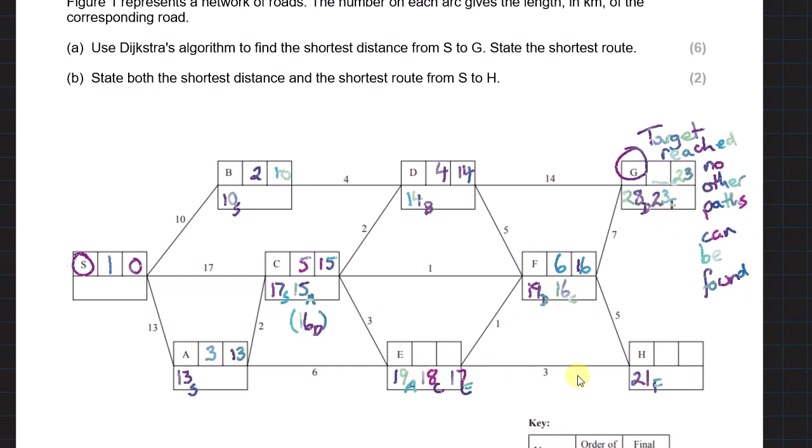My next cheapest one out of these is to come down here, back down to 17. 17 gives me position 7. It's not going to update this one, it's not going to get any better, but it is going to improve the H. So that is 20, from F, not E. Process the next node.